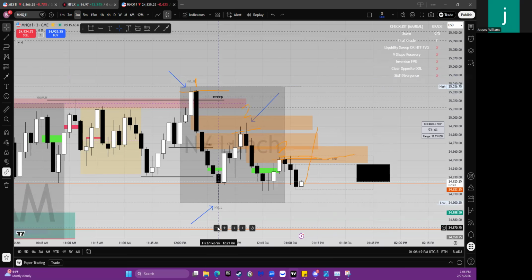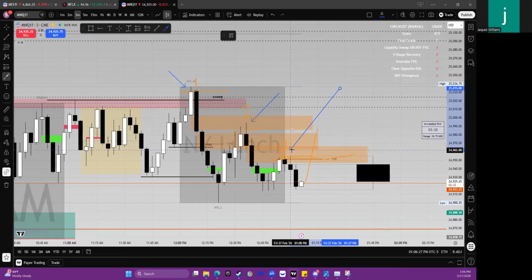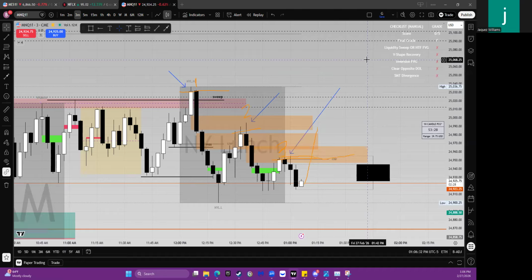Right now we are currently putting in lower highs, so that's a downtrend. Price is constantly going down. Once you take out one of those previous highs and then price does something like this, now it's going to start making an uptrend.